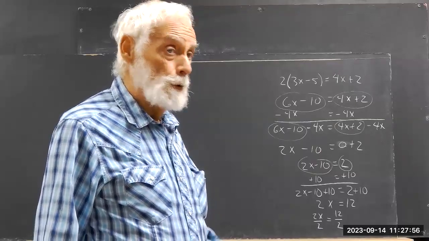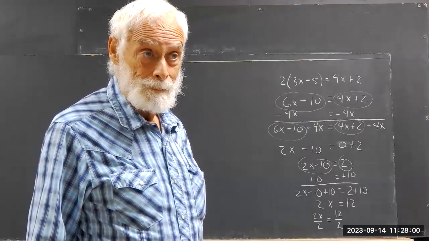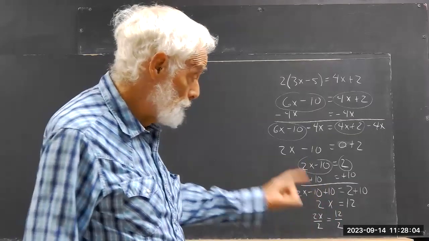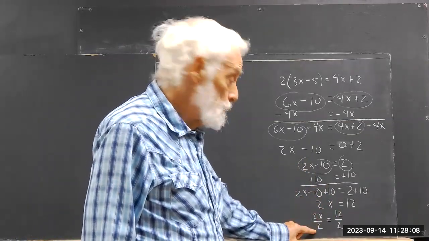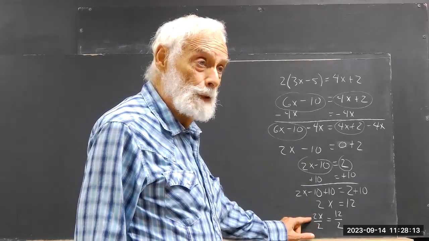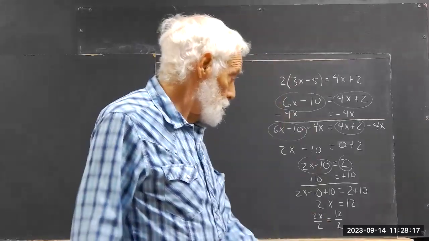If I don't see you making any mistakes in cancellation, it's okay, go ahead and cancel. But as soon as I see you making mistakes, I'm going to tell you, don't do that anymore. Do what I'm telling you to do. What's 2x divided by 2? Well, the 2 divides the 2, doesn't it? 2 divided by 2 is 1. That just leaves you x. Now you put a slash through it.